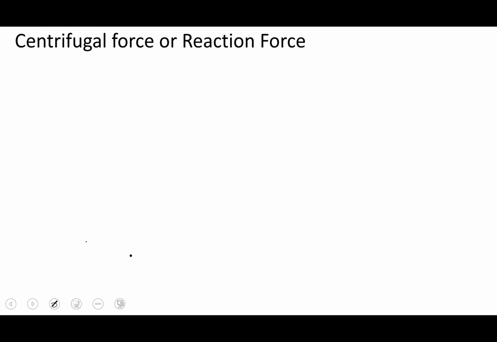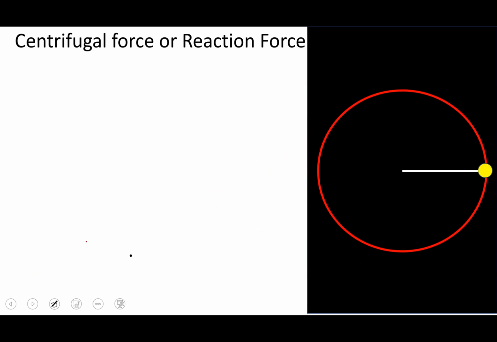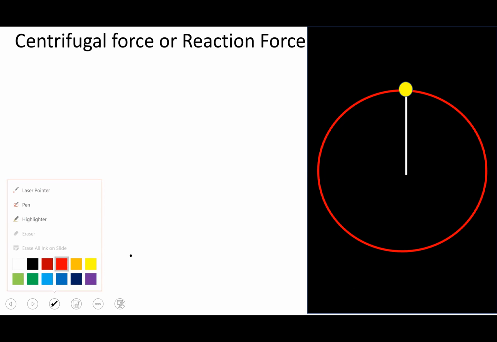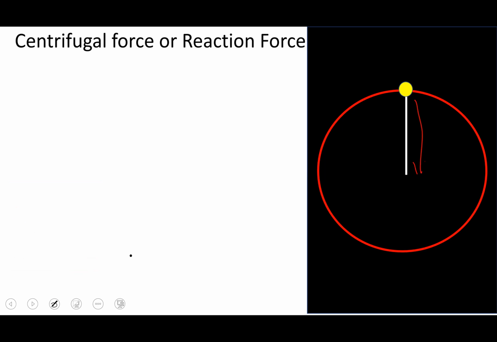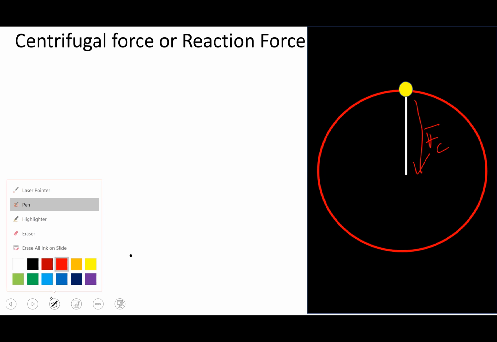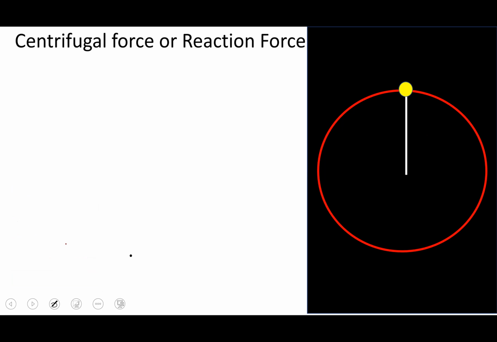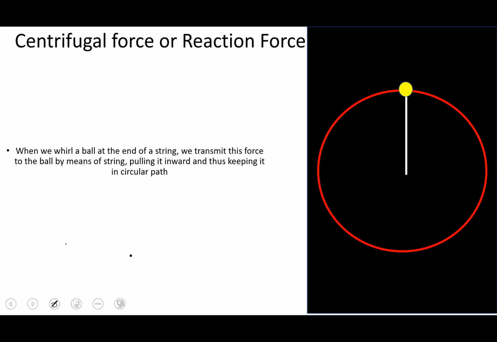But there's another force which is a reactionary force, which is centrifugal force. Now, if the body was moving like this in a circular path, there was a force which we know was acting towards the center of this circle right over here. We called it centripetal force. But to every action, there is an equal and opposite reaction, which was Newton's third law.